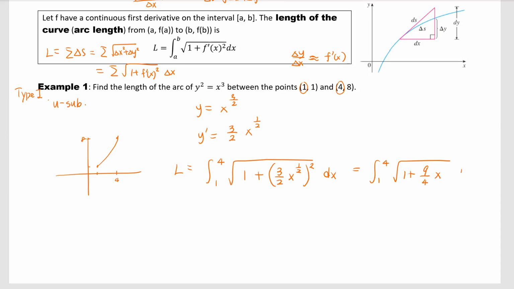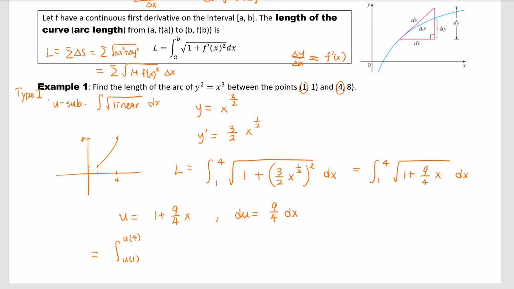The square root and the square cancel. We get x. Okay, so type 1, u substitution, means you have a linear function in the square root. Then you can let u be the thing inside the square root. Then du will be 9/4 dx. So far, so good. So this equals the integral from u of 1 to u of 4.